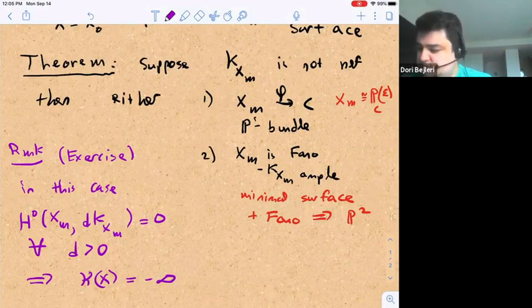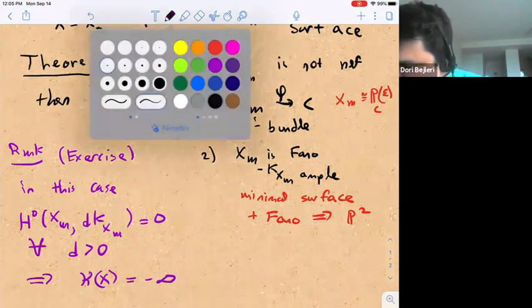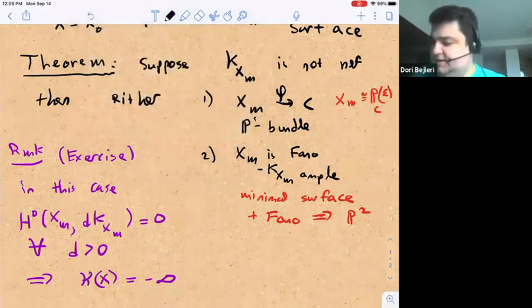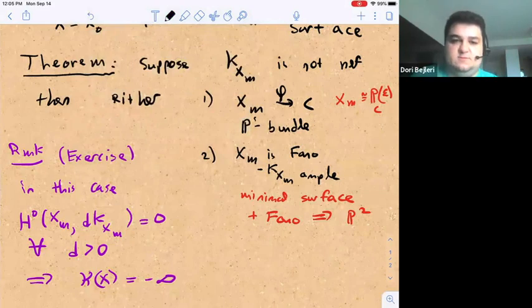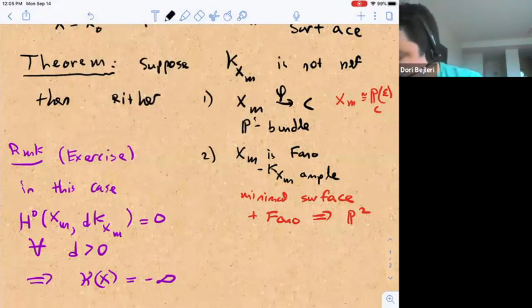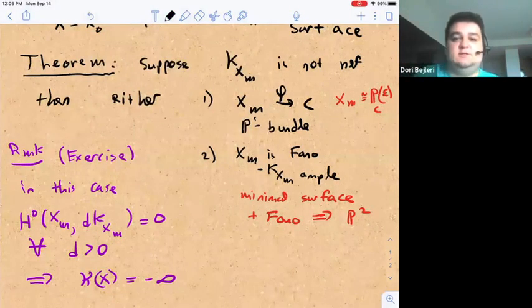Okay. So that's what we're going to do today, or at least we're going to sketch this today using some theorems that we'll prove later in the class. Okay, any questions about this statement?